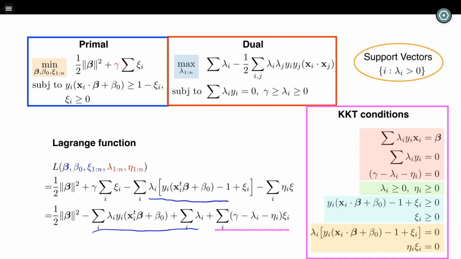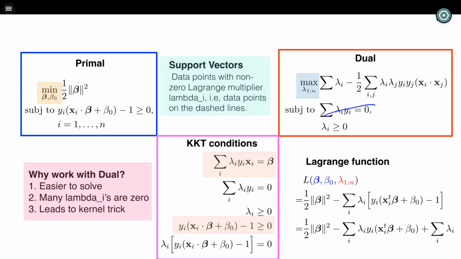So we have a sum over psi i, but the term in front of psi is gamma, minus lambda i, minus eta i, right? So they all together become the last term. I'm actually going to find out this one you can just ignore, because it is equal to 0 once we go through the KKT conditions. So once we get rid of the last term, the previous expression is exactly the same as the Lagrangian function we encountered for the hard margin problem. Just switch back, right? That's exactly the same.